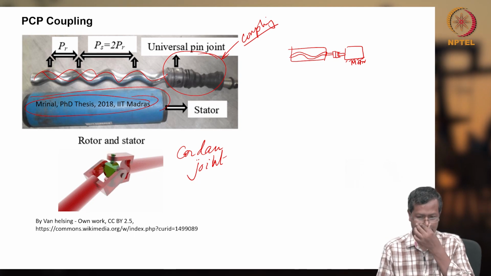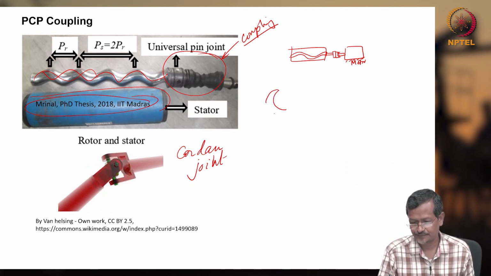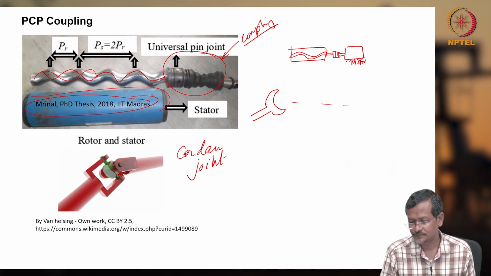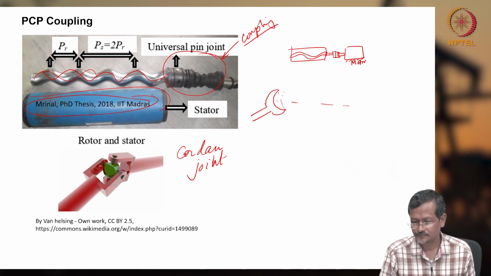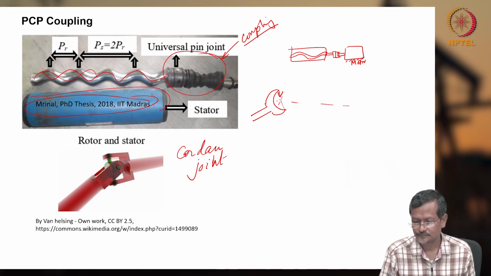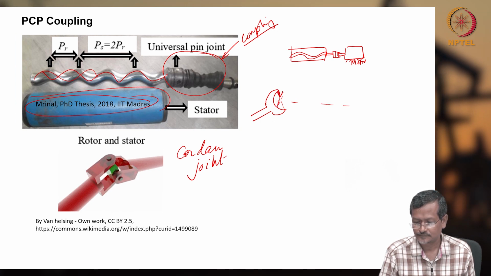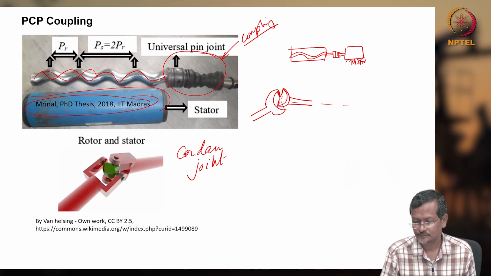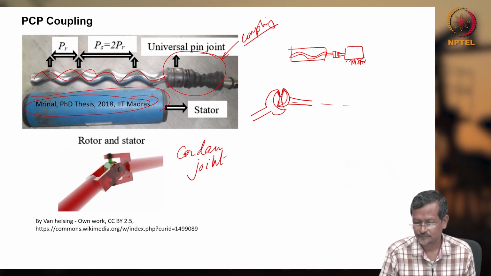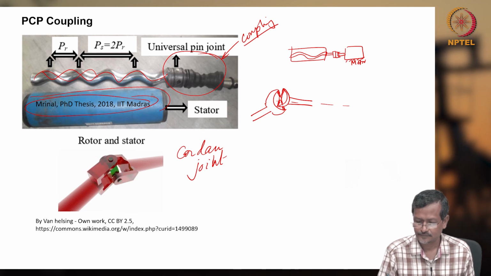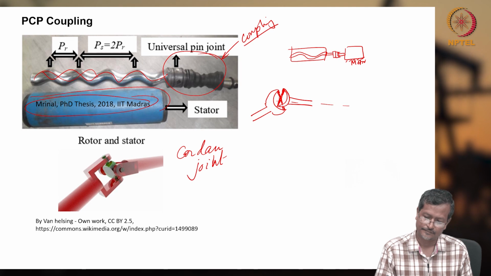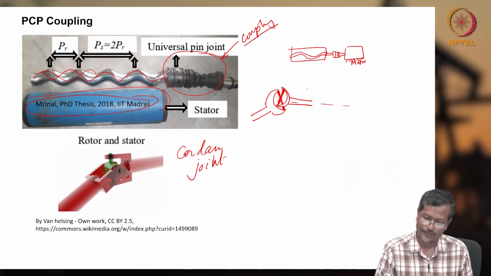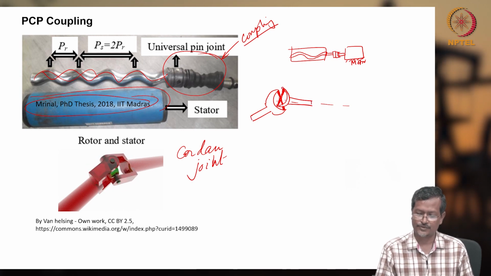So, now I have two such systems. I will draw one picture here and another. See this one, this is also a cardan joint.